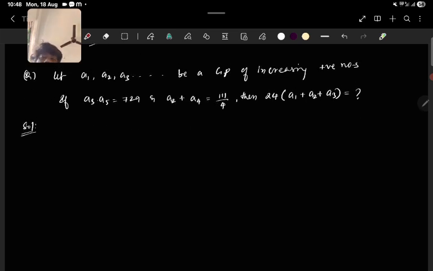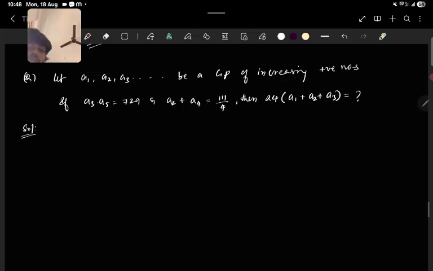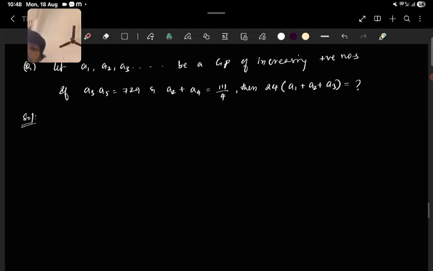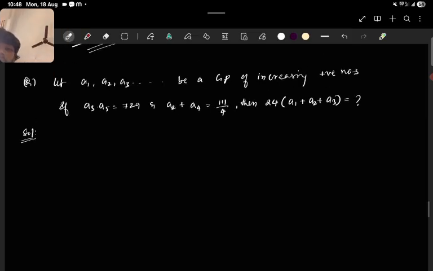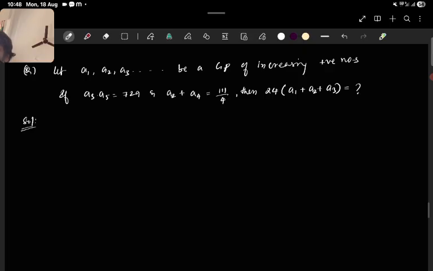Listen up. Let us consider the first term of the GP as a, and the common ratio as r.